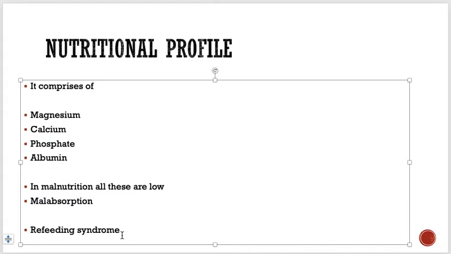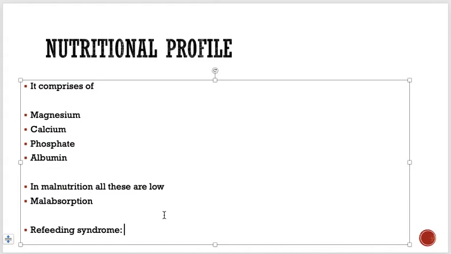For example, someone who was on a hunger strike for so long and now started eating. Or someone who had a stroke and was not eating for a while, and now started eating again, they may have refeeding syndrome. What is it? Sometimes there could be dangerous shifts in many electrolytes.